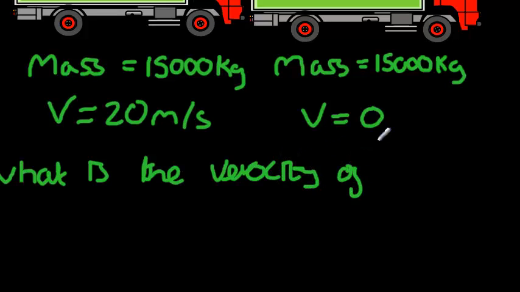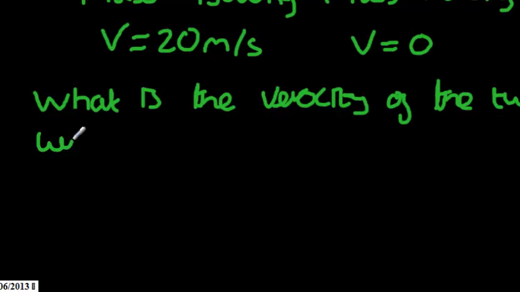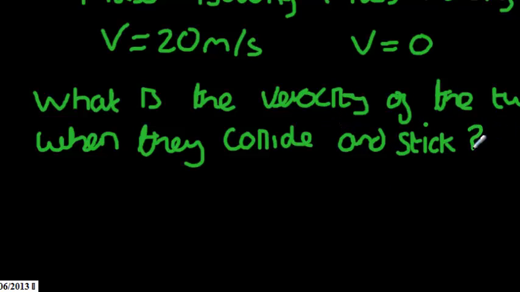We may be asked, what is the velocity of the two when they collide and stick? Often they'll say they stick together and move along together. So what is the velocity of both of them together?